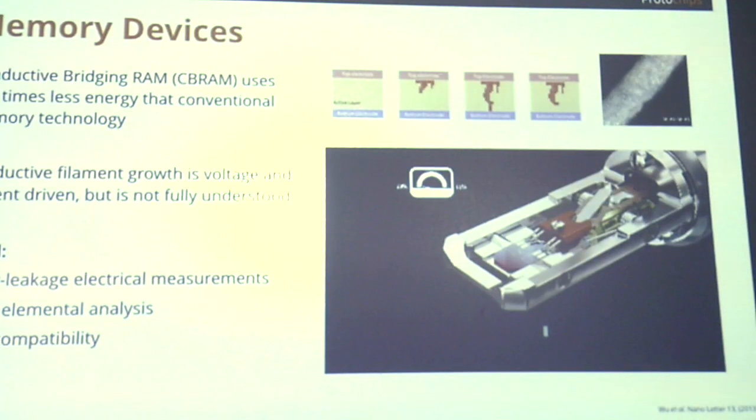One of the things that we worked really hard on with the system is to make sure that we were servicing the market and the growing need for electrical characterization in situ. So in this particular application, which is the field of memory devices, they're interested in studying the growth of these next generation resistive access memory devices in situ.